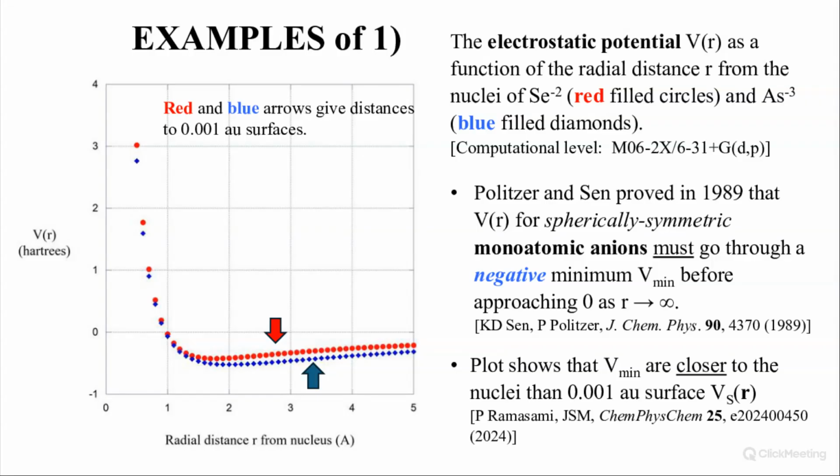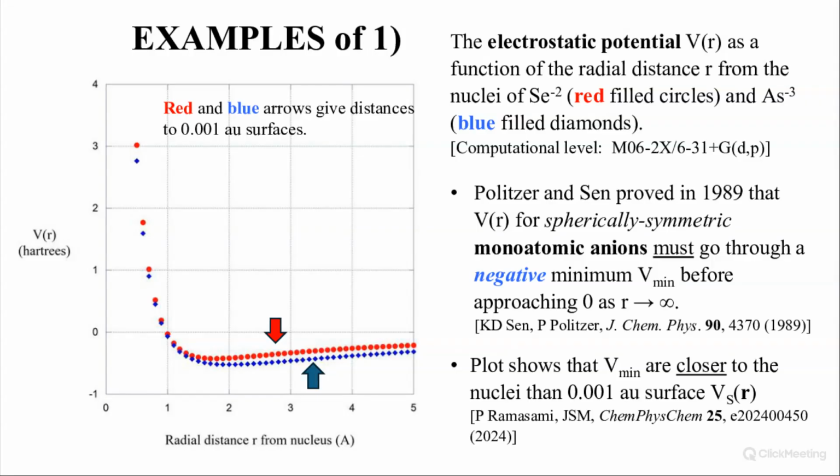Anyway, this plot is one that I wanted to revisit, some of the work where you can look at radial distributions. And these are for anions. The red is selenium -2 and the blue is arsenic -3.